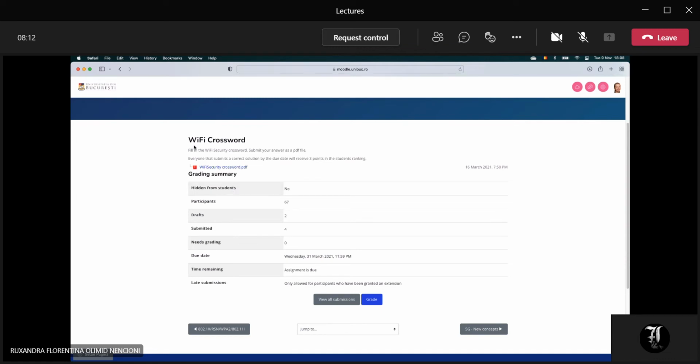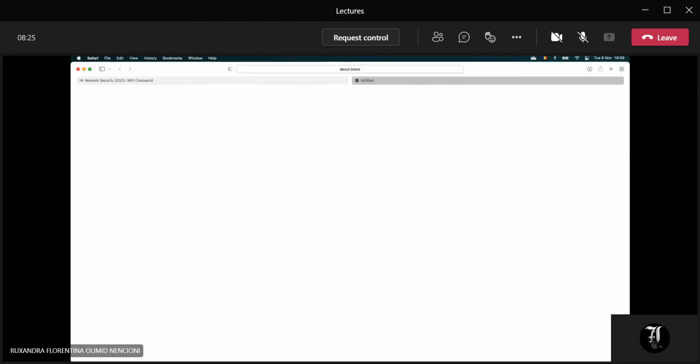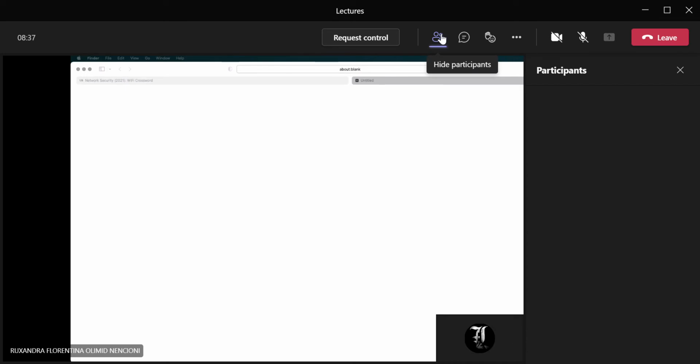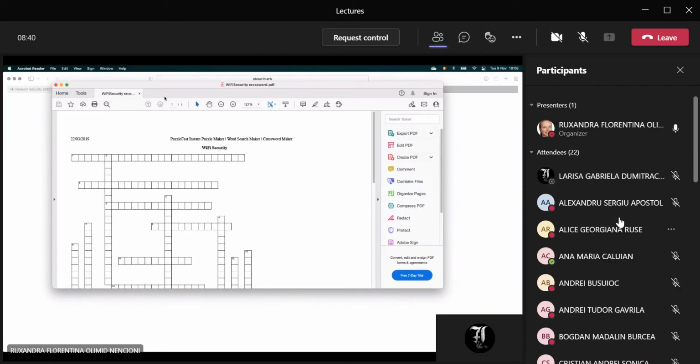So this Wi-Fi crossword here, because we finished the Wi-Fi, and there were many acronyms that we discussed, and maybe it's more difficult to remember them all. So basically, what you have here is a crossword. You have a game.